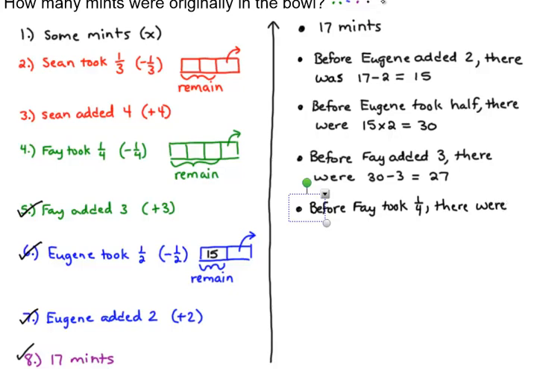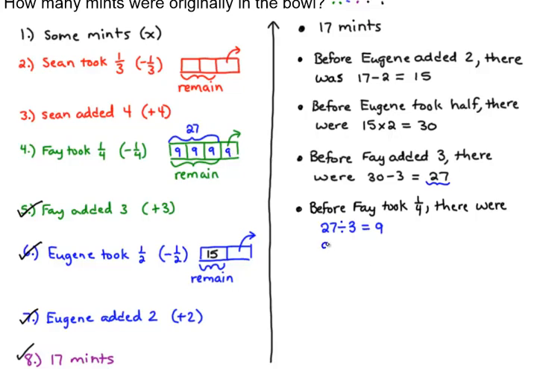now let's see how this looks. That 27, so I'm going to make that blue. That 27 represented what remained before she took, so here's that 27. So to figure out each individual box, we're going to take 27 divided by 3. That gives me 9. So that means that there is 9 in each of these boxes.